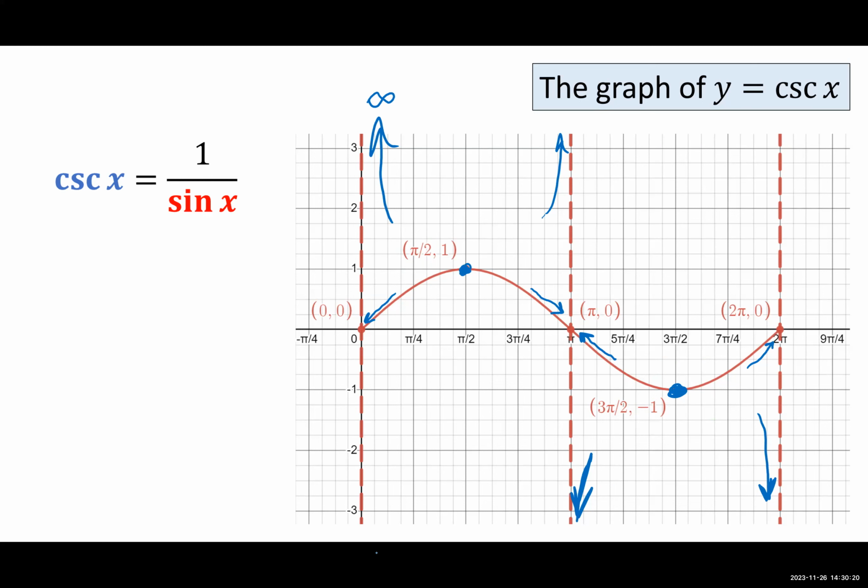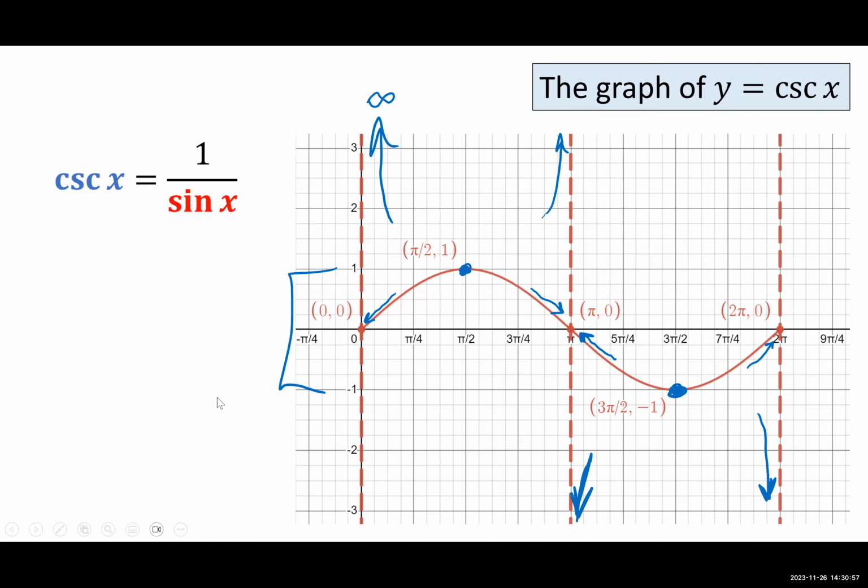Okay, so now that we've examined what's happening close to the asymptotes and we have a couple of points, we could think about what's happening on the cosecant function, 1 over the sine function. Well, all of the y values on the sine graph are from -1 to 1. So if you take the reciprocal of a number smaller than 1, you always get a number bigger than 1.